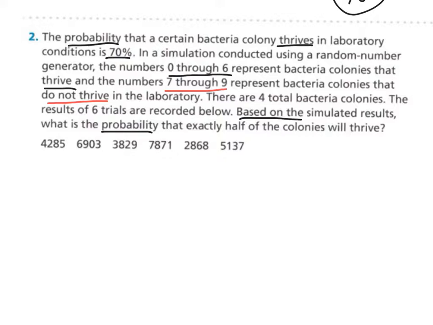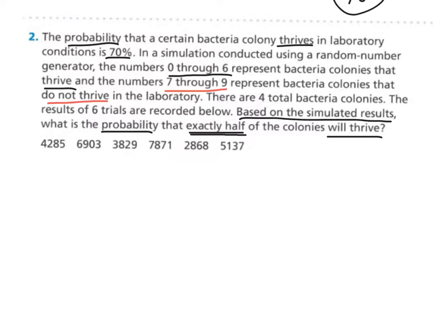And again, based on the simulated results, we're not being asked to figure out theoretical here. What's the probability that exactly half of the colonies will thrive? Each time with our numbers here, you can see there's 4 different numbers, which is what they told us, 4 total bacteria colonies.